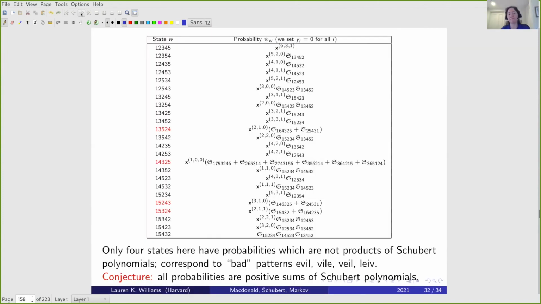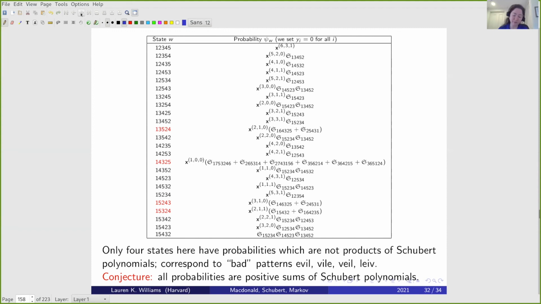So it's still a conjecture that all of our probabilities are positive sums of Schubert polynomials. I should say a monomial times a positive sum of Schubert polynomials. But this conjecture and this positivity makes one wonder, is there a geometric interpretation for all of these probabilities?